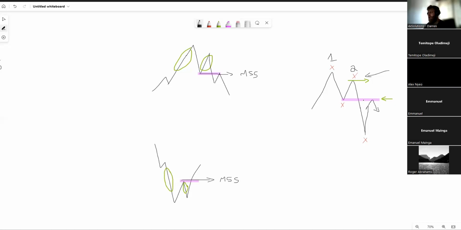So if we're taking, say, a weekly mitigation idea or a daily mitigation idea, and then we're executing on a 1 hour, a 4 hour or a 15-minute based off of that higher time frame mitigation block, it's not always required to put your stop above number two, because that would be a massive stop loss size. So you can use something in between.